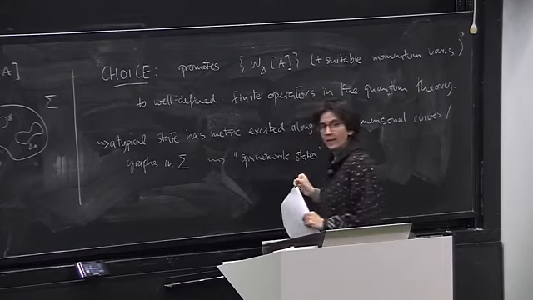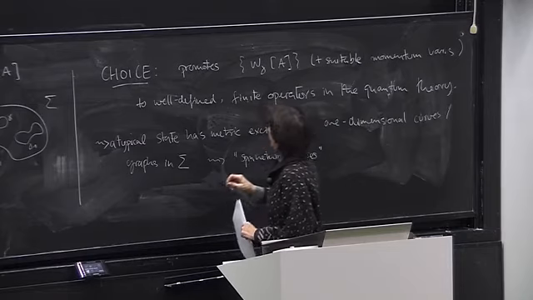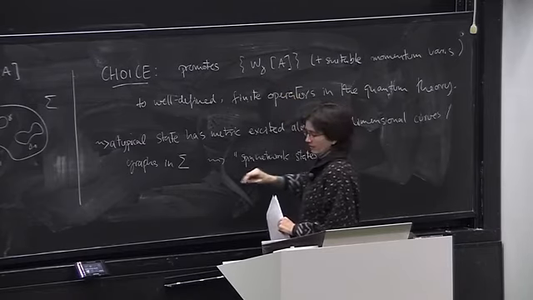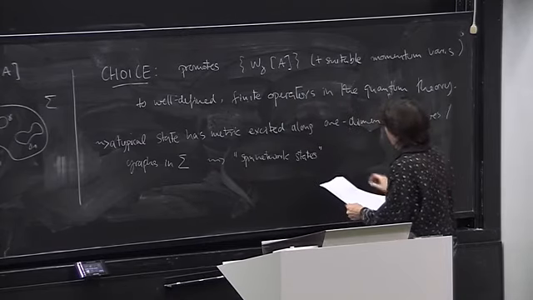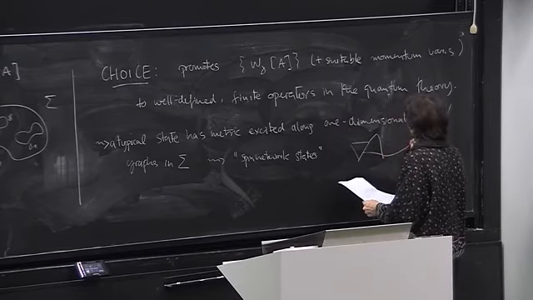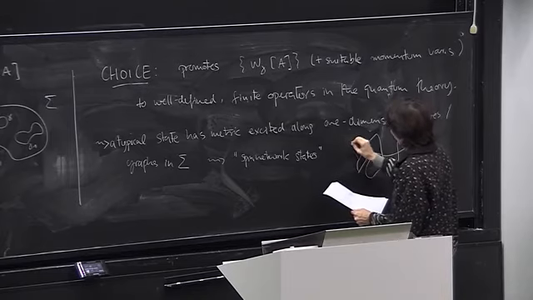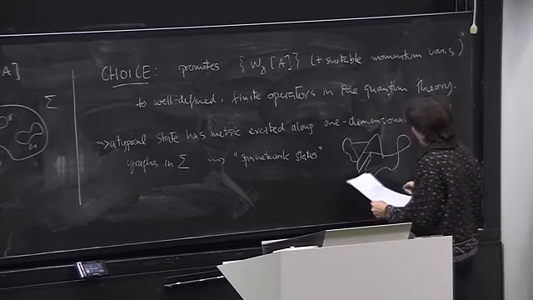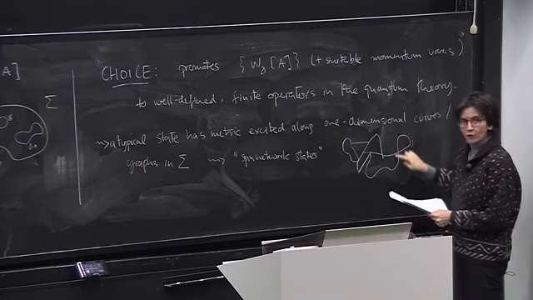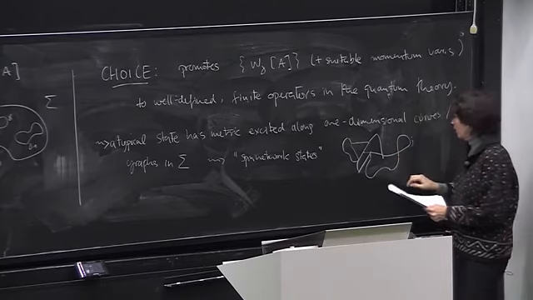This is just a way of labeling the arguments of a wave function psi of A, if you like. And the data that are associated with this are one-dimensional intersecting graphs, in some way with momentum labels, J, associated with every one-dimensional link or edge of the graph.